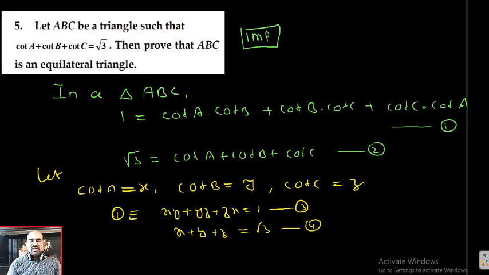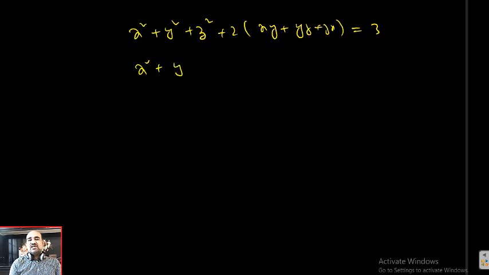For that, square equation 4 on both sides. What happens? x plus y plus z whole square equals root 3 whole square. So x square plus y square plus z square plus 2 times of xy plus yz plus zx equals 3.